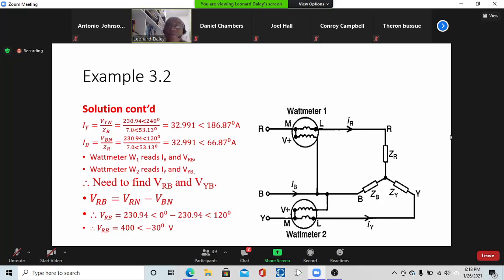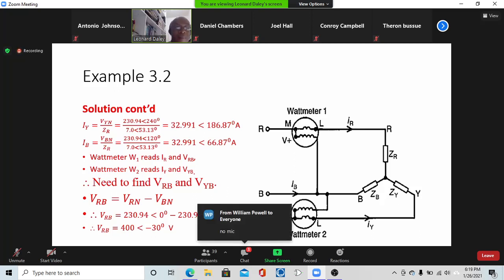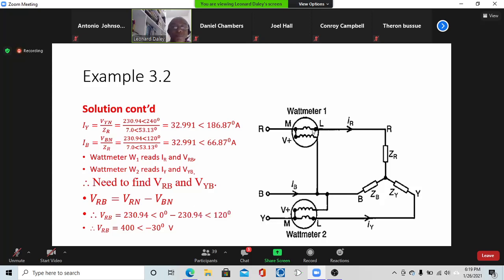So VRB is at 400 angle minus 30 volts. And minus 30 is also 330, from the positive side.